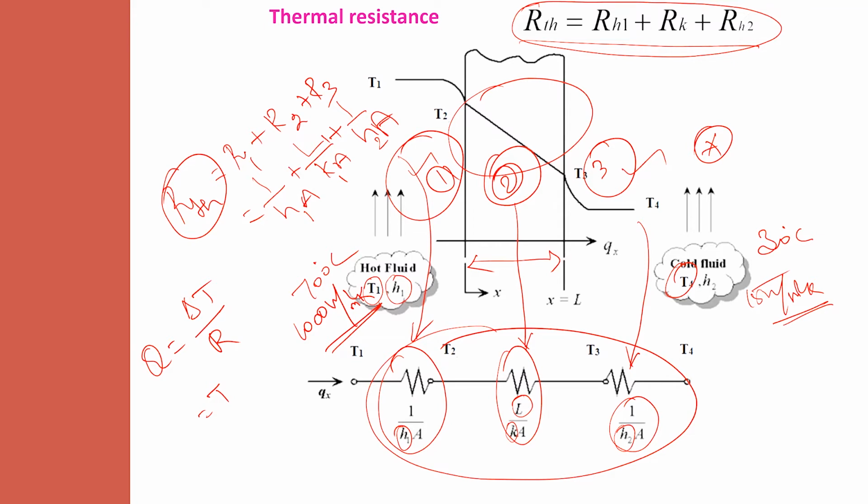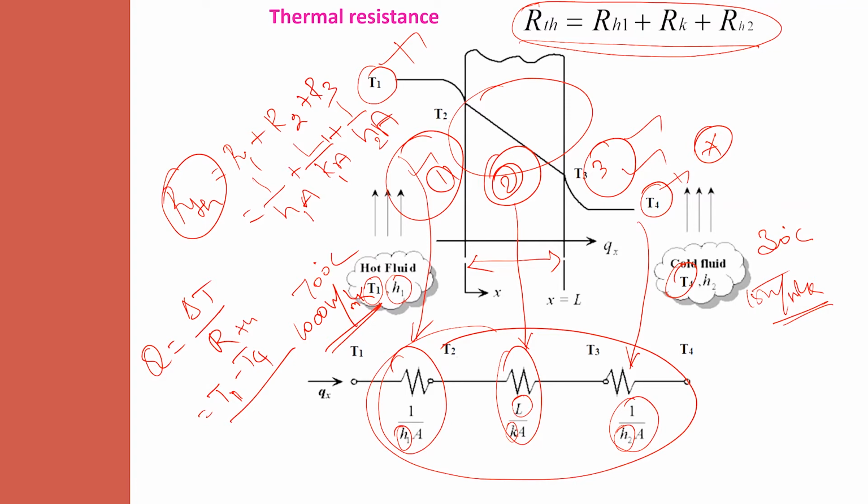The overall temperature difference is T1 minus T4, not T2 minus T3. These two things are very important. So we mention T1 minus T4 as the overall temperature difference: the highest temperature minus the lowest temperature, divided by RTH.